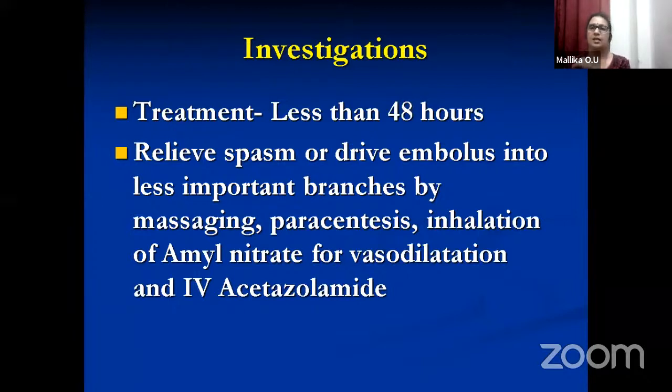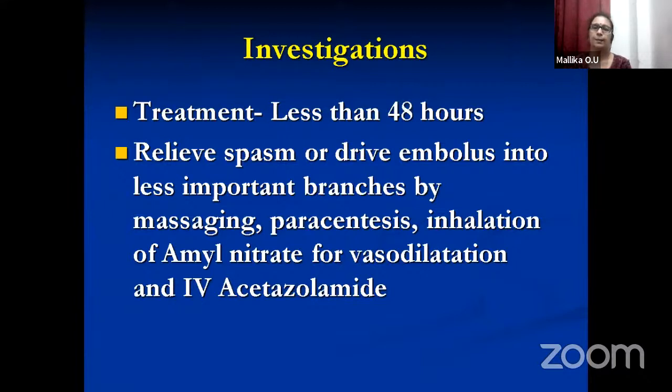Second thing is to do paracentesis, that is, take out some aqueous humor from the anterior chamber. Again, that produces a sudden lowering of the intraocular pressure. When you do massaging, it should be done before paracentesis, because if you do paracentesis and then massage, the patient will have iridocorneal touch and the like.